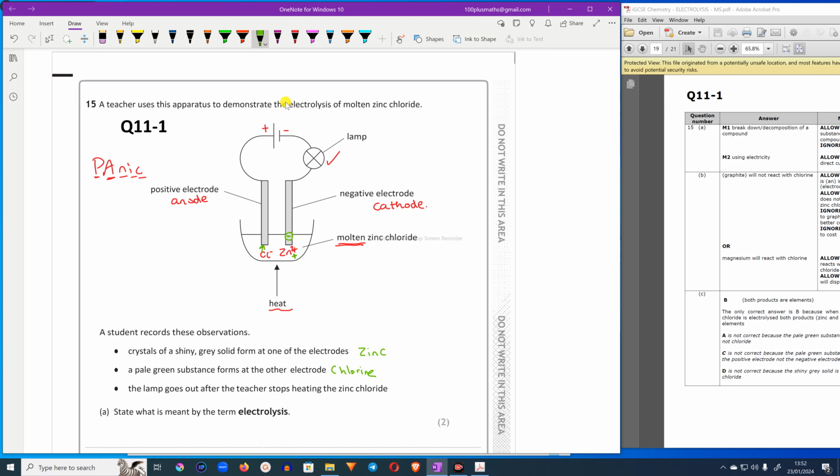The lamp goes out after the teacher stops heating the zinc chloride. That's because this becomes a solid, and all the ions vibrate about a fixed position.